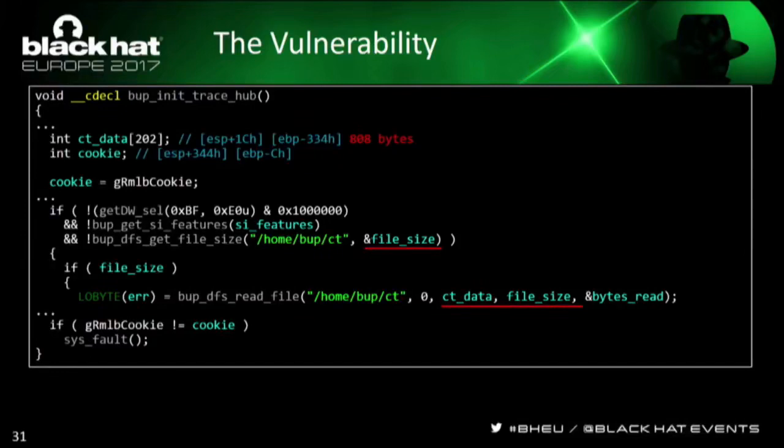Instead of the size of the local buffer, the BUP-DFS read file function gets the size of the whole file. It surely leads to a stack buffer overflow if the size of the home BUP-CT file is larger than 808 bytes.